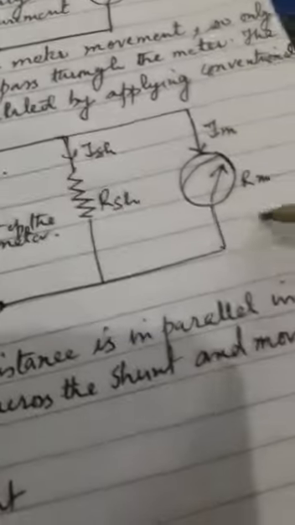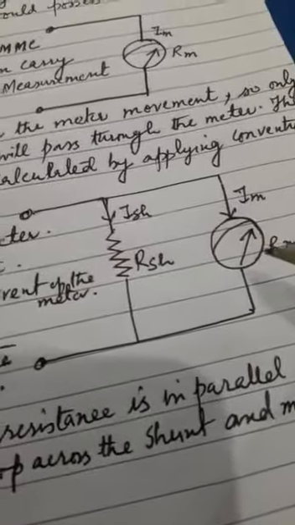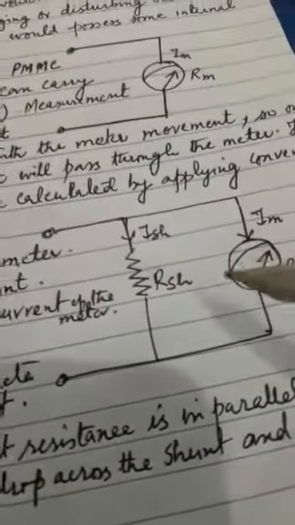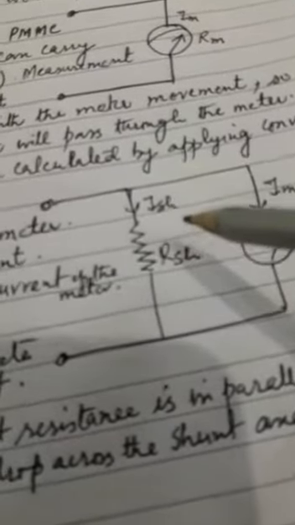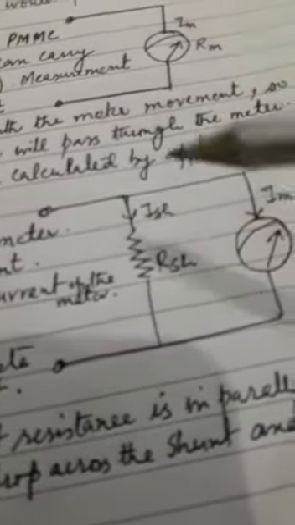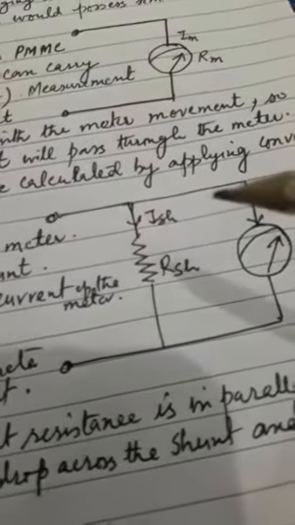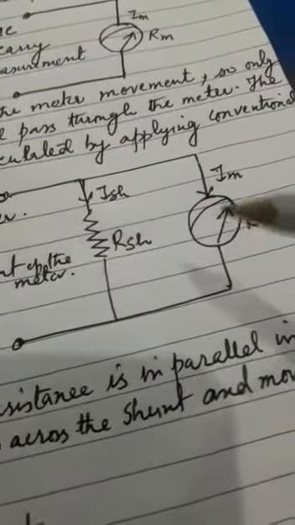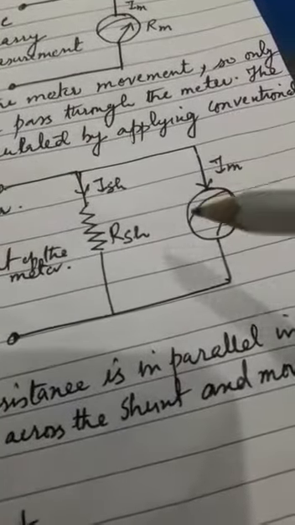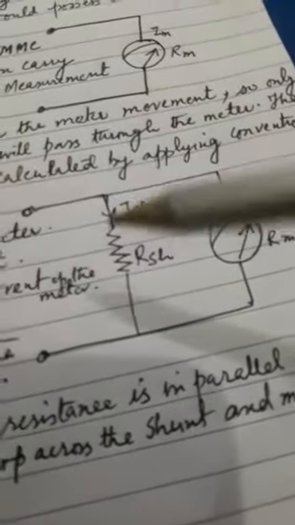We keep the shunt resistor in parallel in order to measure high levels of current, not a small current, because the PMMC instrument has a small winding coil, which gives measurement of only very small current.